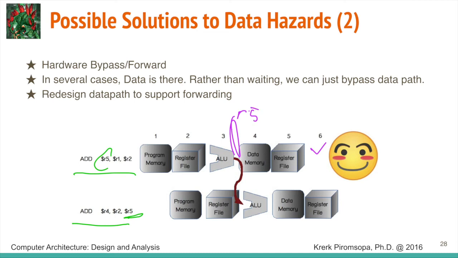What you have to do is just create a special circuit to forward it. It's like I ask you to do some calculation for me. But rather than wait until you finish, I say, I know you're done with the calculation, you just didn't write it back to the paper yet. Why don't you shout it, say it out loud so that I can use it right away? This solution, we call it bypass or forward.